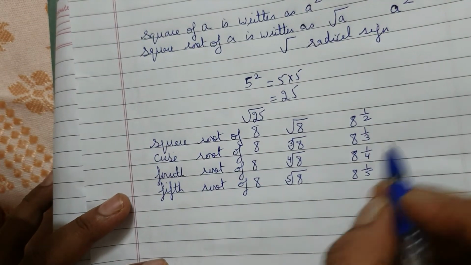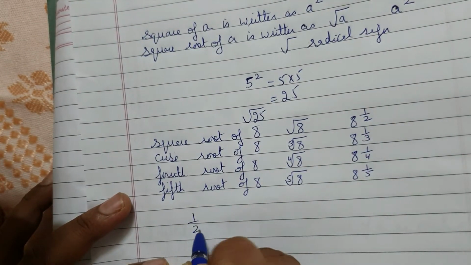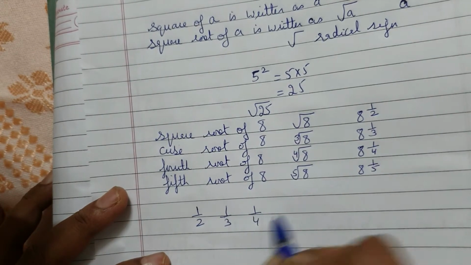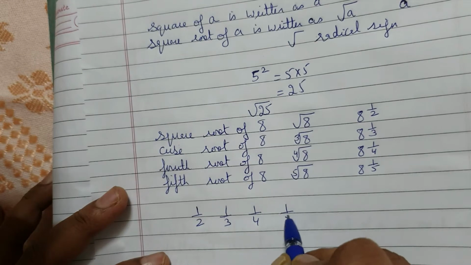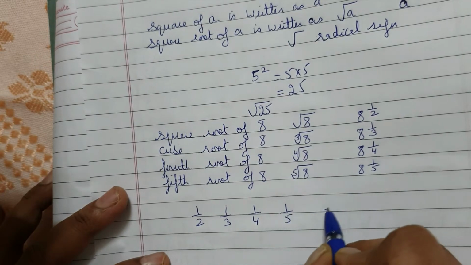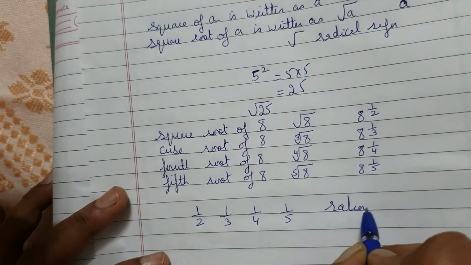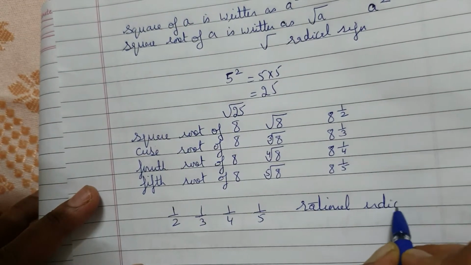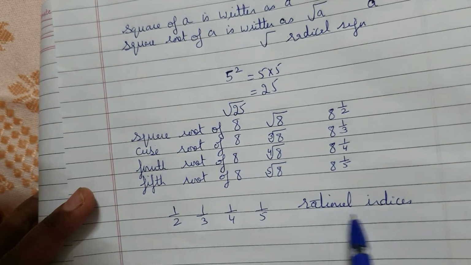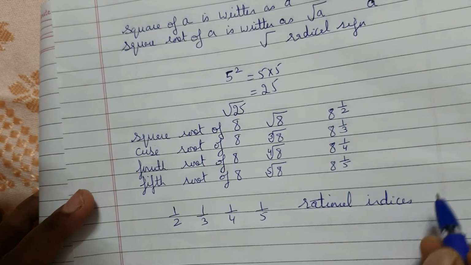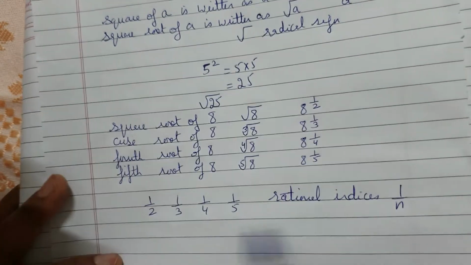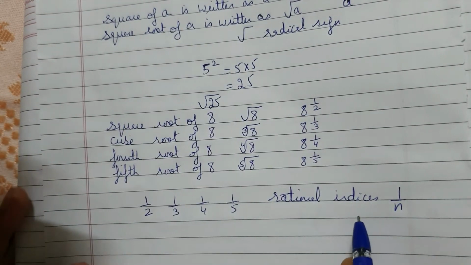So these 1 upon 2, 1 upon 3, 1 upon 4, 1 upon 5 are known as rational indices. They are written in the form of 1 upon n. So let's begin with the chapter.